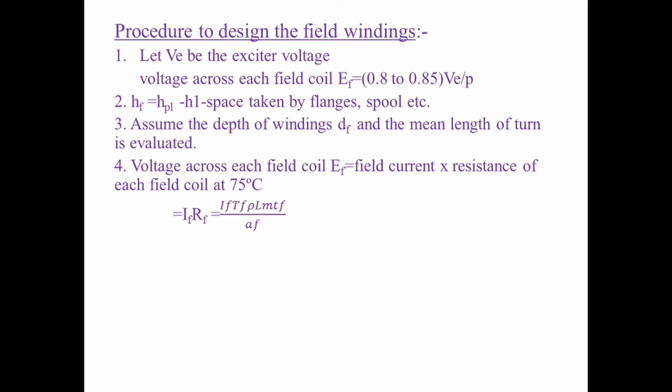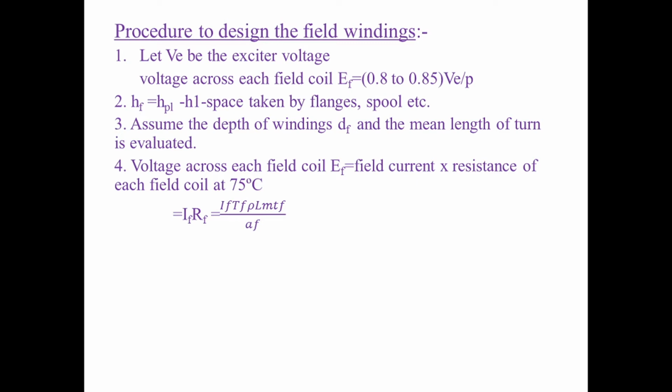So this RF you can write in terms of TF, where TF is the number of turns in each field coil, rho is the resistivity of the field coil, and LMTF is the length of mean turn of the field winding, divided by AF, the area of field conductors.